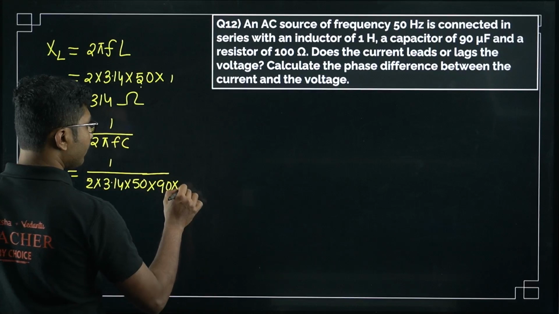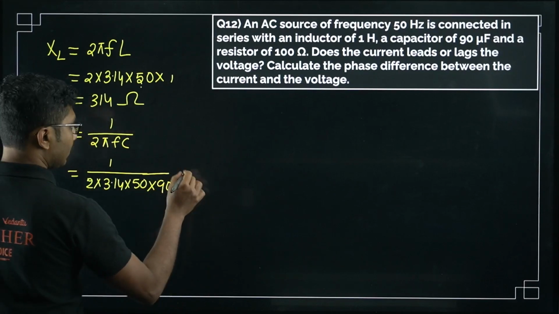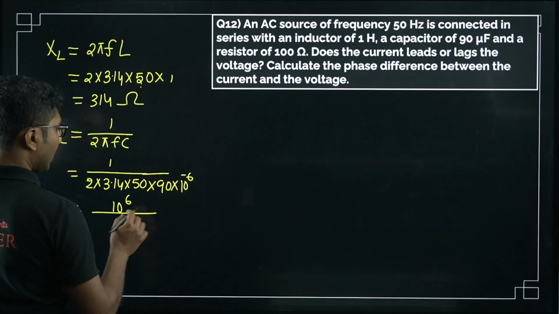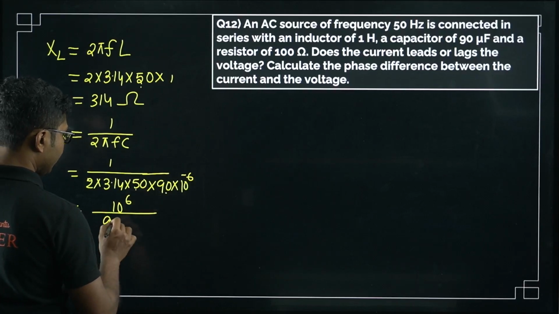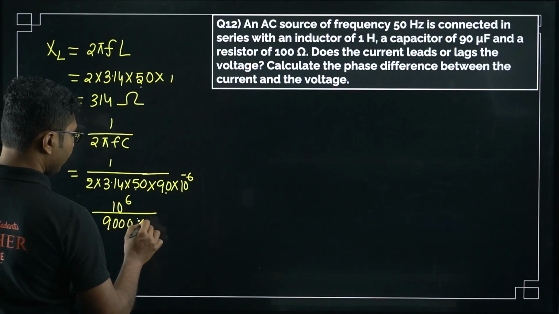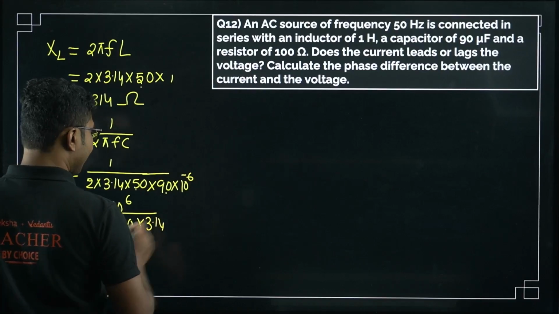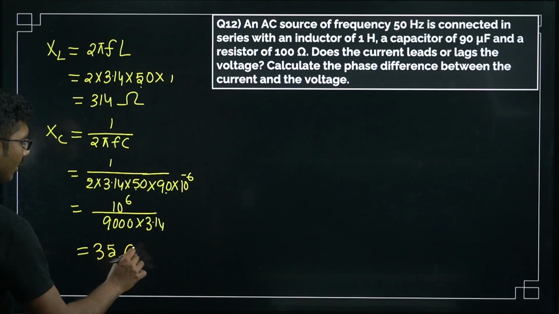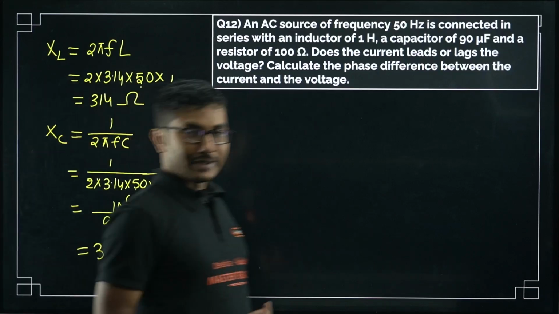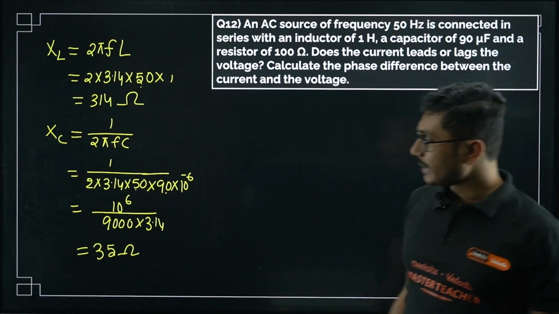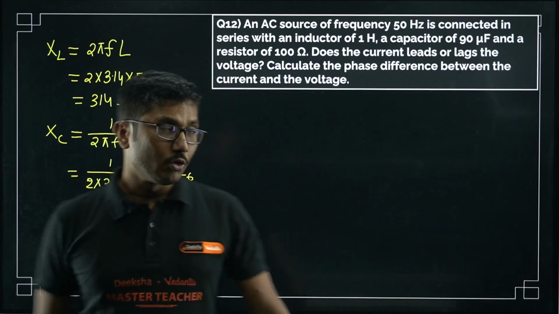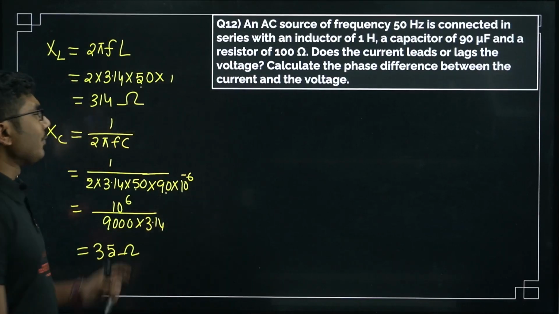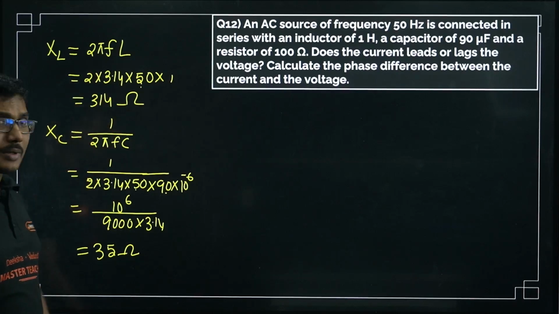So it will be 10 to the power of 6 divided by 90 into 100, 9000 into 3.14. Now if I remember it correctly, it will be 35 ohm. Obviously I cannot calculate it like this, I have to use a calculator. It will be 35 ohm approximately. So this is the first part. If you calculate this much, you will get 2 marks.